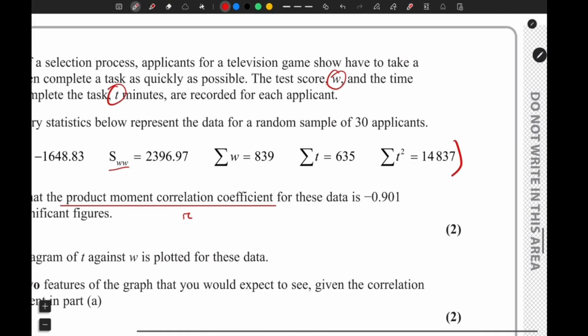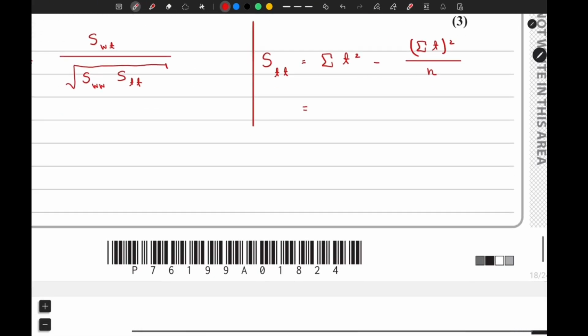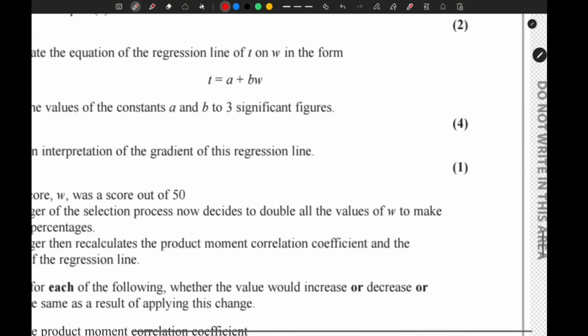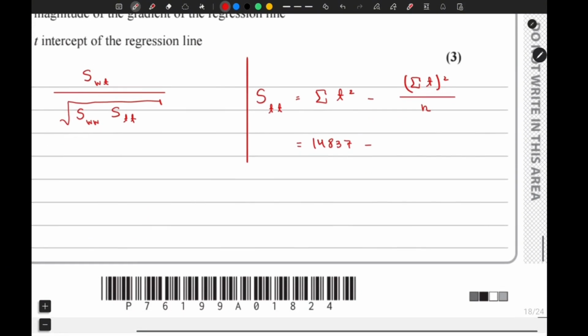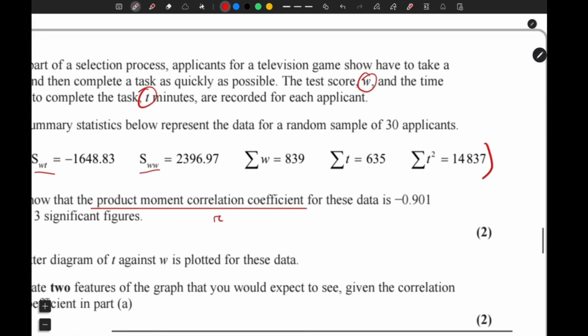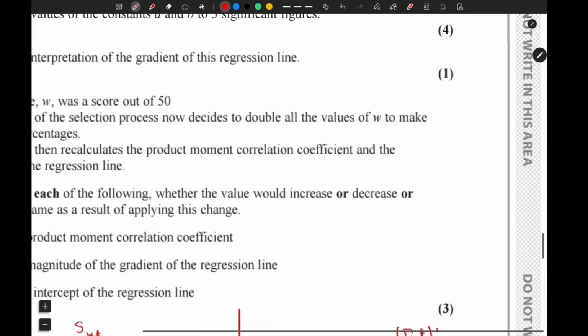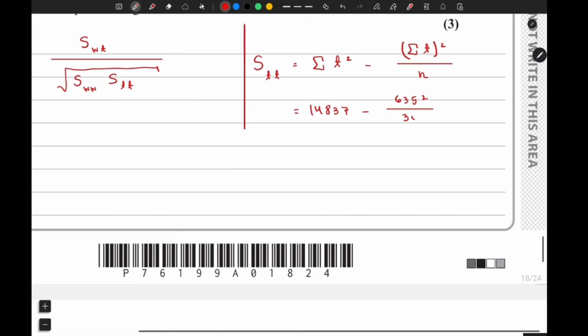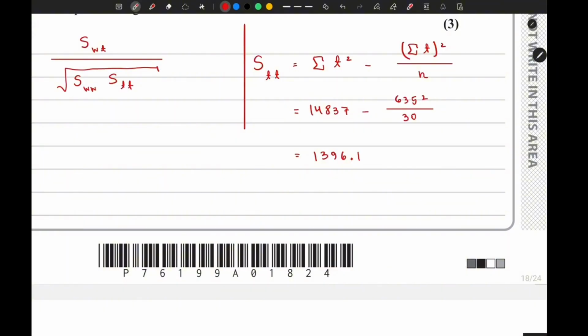So the summation of t squared is 14837, minus the summation of t, which is 635, squared, divided by the value of n, which is 30. So this will be equal to around 1396.17.